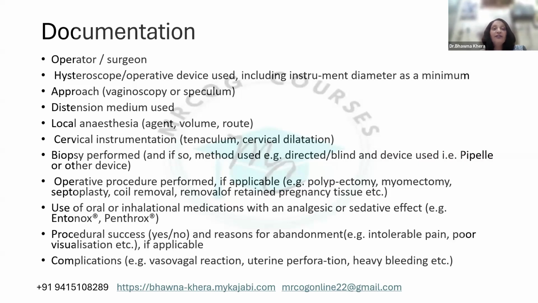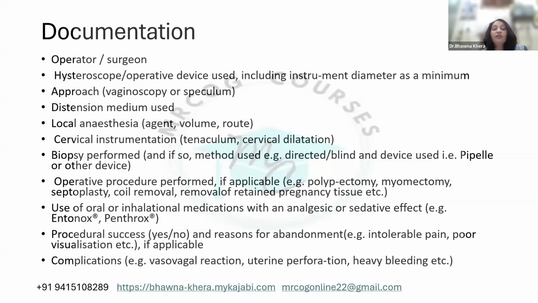Local anesthesia, if we used it, we need to mention that as well, and when mentioning local anesthesia, we have to mention the agent, the volume, and the route. Cervical instrumentation like tenaculum or cervical dilatation, whatever we are using here, we need to write. Biopsy performed, and if so, the method used.